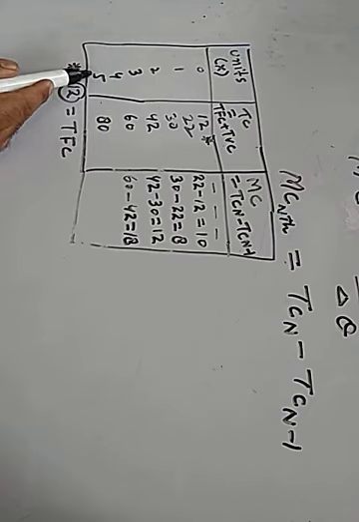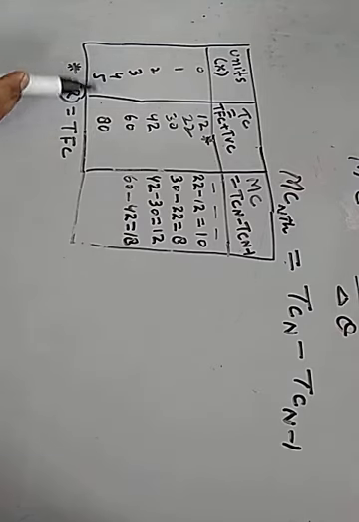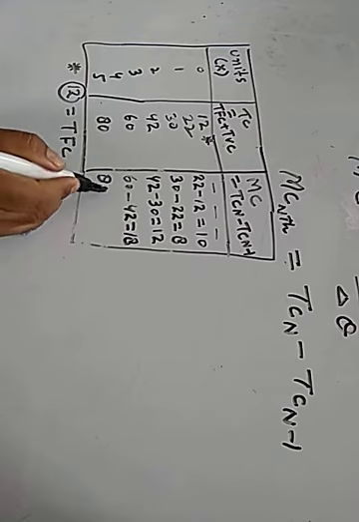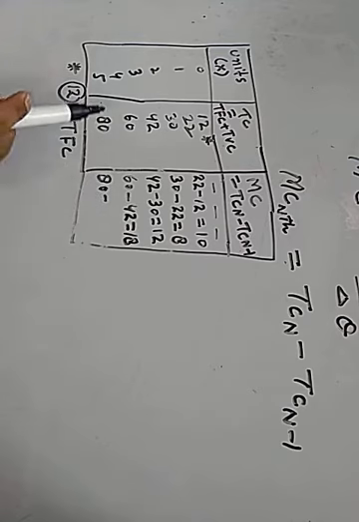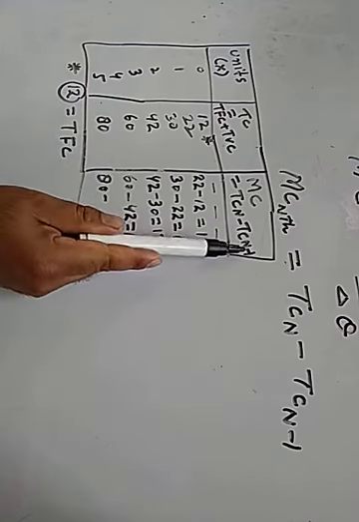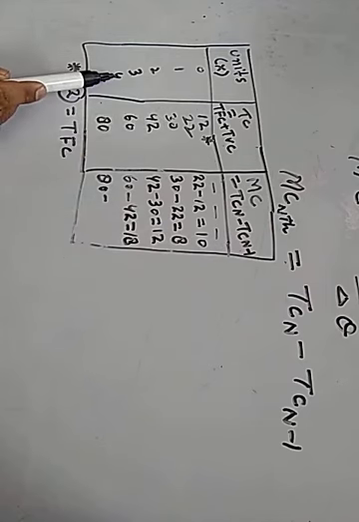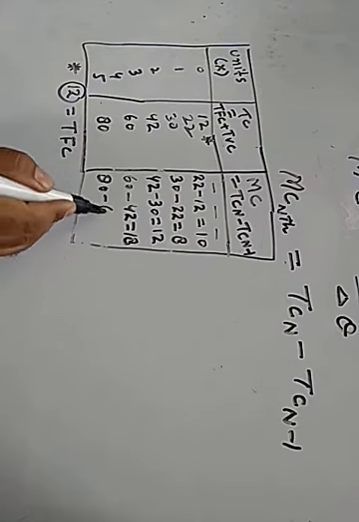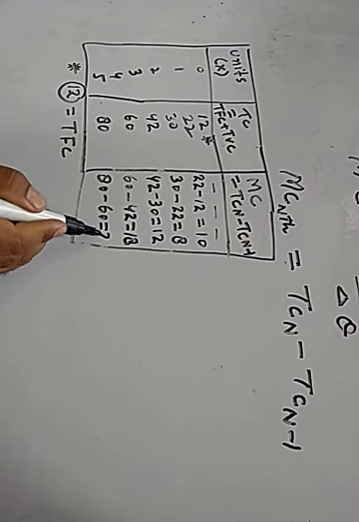And when the last unit of output is produced, the current level of output, that is total cost of n, 5 units, its total cost is 80 rupees. And total cost of n minus 1, that is 5 minus 1, equal to 4. When our level of output is 4 units, total cost is 60. 80 minus 60 is equal to 20.